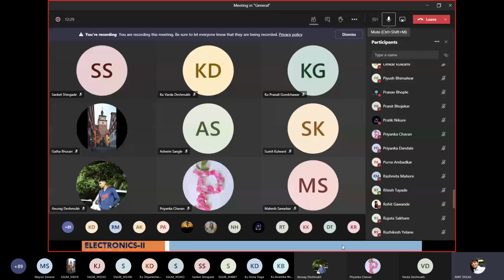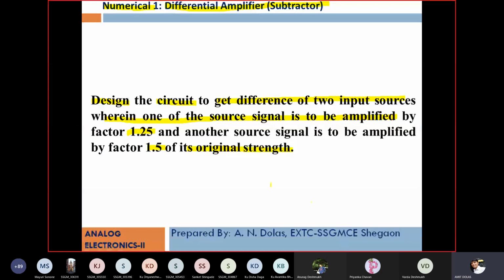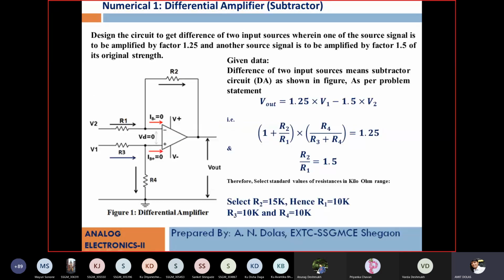If the multiplier is the same and you simply want the difference and its amplification, then we can go for R2 by R1 into V1 minus V2. But here it is not simply difference and amplification, it has individual multipliers for V1 as well as V2. That's why we will use this formula.